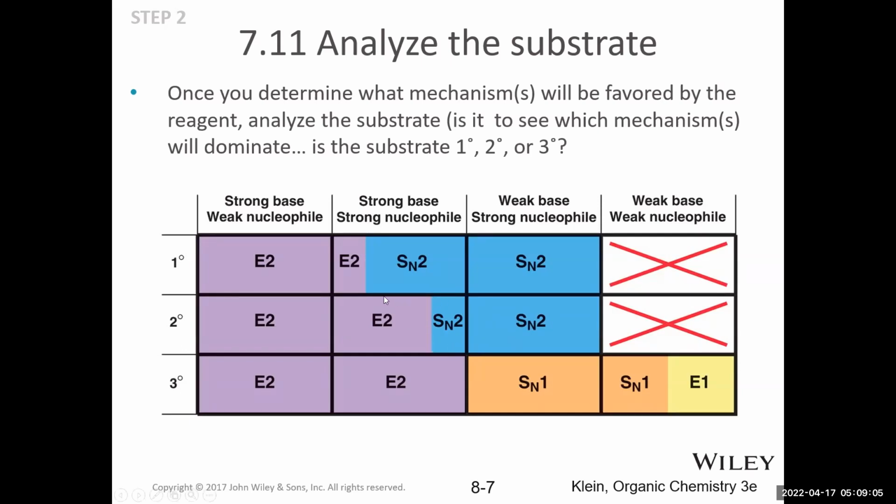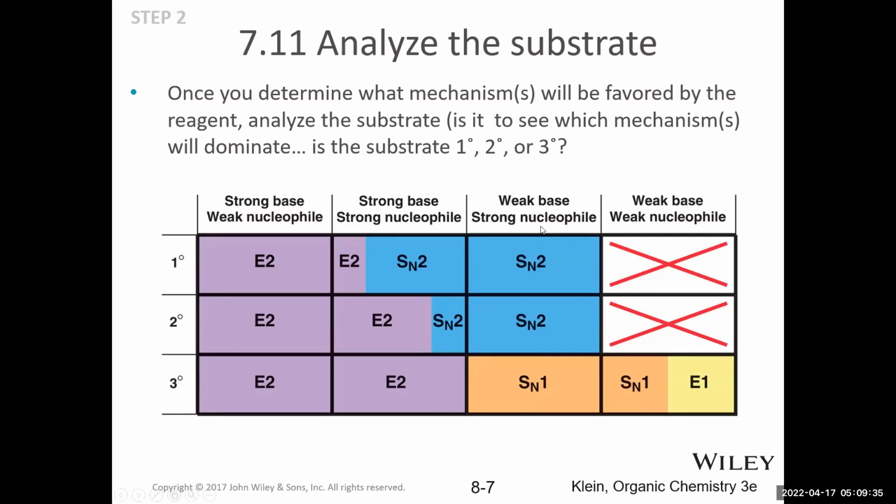As a result, E2 typically predominates. However, on primary or methyl substrates, SN2 reactions are very fast, and they often outcompete E2 reactions. So basically, if you were just looking at major products, you would make mention of SN2 for primary substrates and E2 for secondary and tertiary, but knowing that there's mixtures of products if the substrate is primary or secondary.